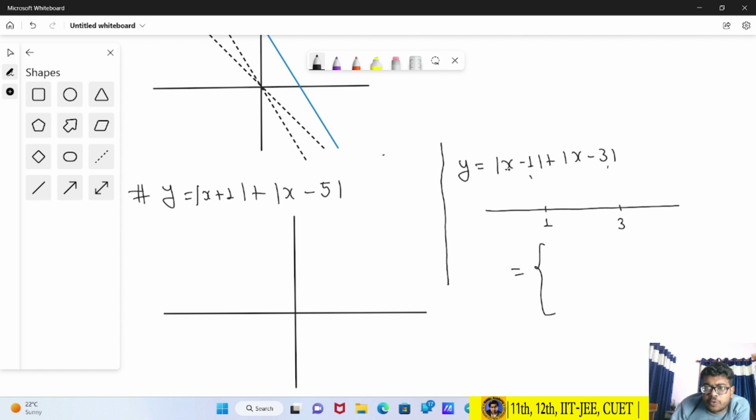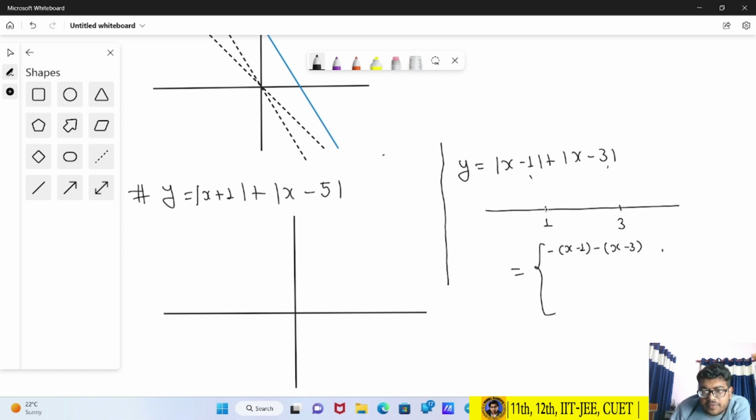Put x equal to 0, it gives minus 1, it means negative. If mod gets a negative value, it opens with a negative sign, so x minus 1 with a negative sign. And putting 0 here also gives a negative value, so this also opens with a negative sign, x minus 3.